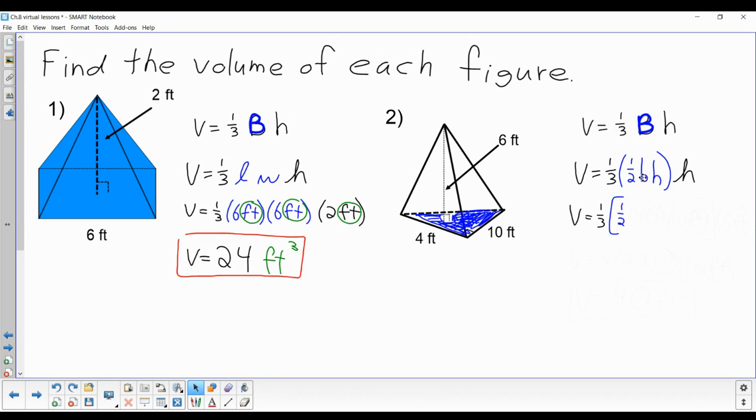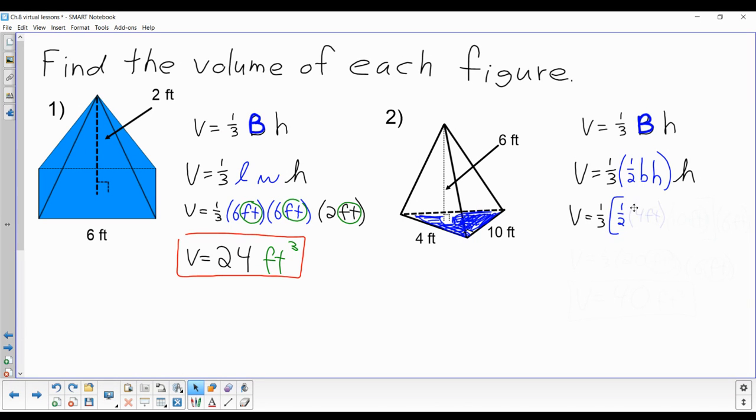The base of the triangle, now base and height must make a right angle. I have to look at the triangle, and somewhere in this figure, I have to find the right angle of the triangle. And that right angle mark is right here. So the base and height are 4 and 10. It does not matter which one is which, since 4 times 10 or 10 times 4, you're going to get 40 either way.